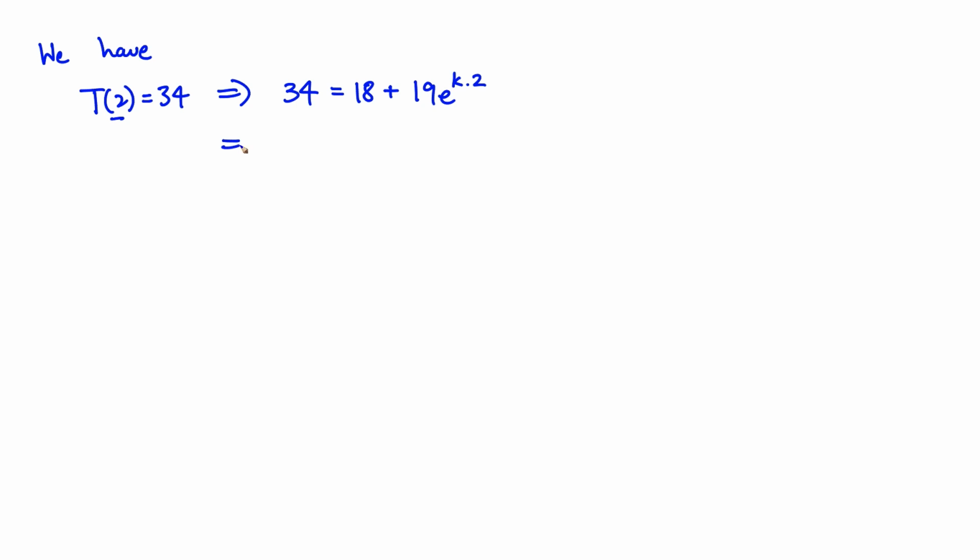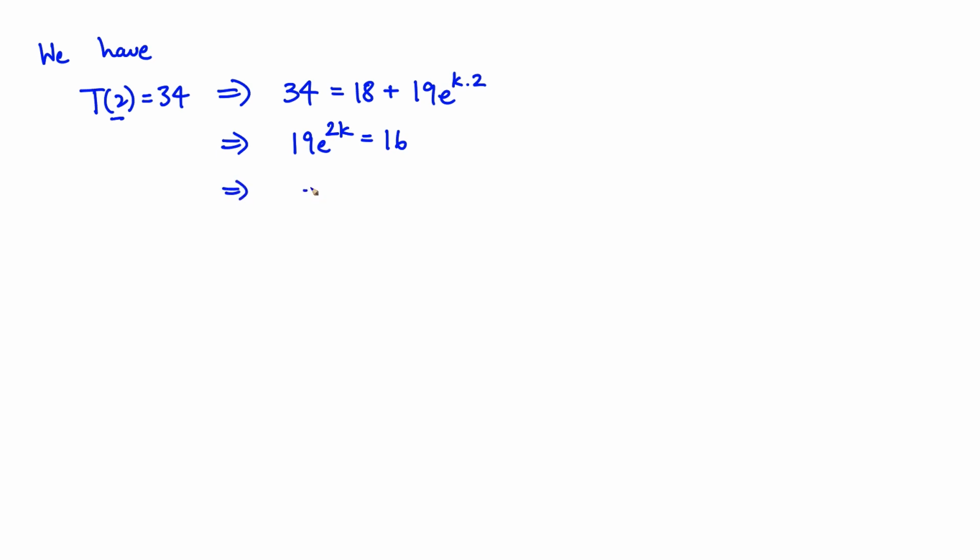So this is more complicated than getting the capital A. Here we want to take that 18 to the left, then we divide by 19, and then we have e to the 2k, we're going to take a logarithm. So this tells us that 19 e to the 2k is 34 minus 18, which is 16.